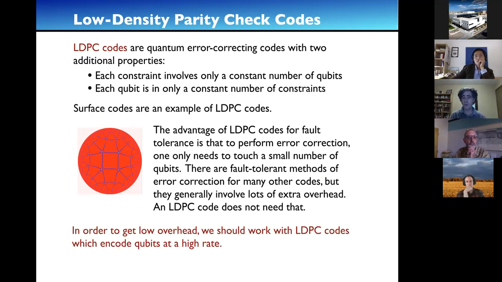But surface codes are LDPC codes that are not very efficient. And there are other LDPC codes that are much more efficient than that. That's another active area of research, trying to figure out how to make good, efficient fault-tolerant protocols using LDPC codes.